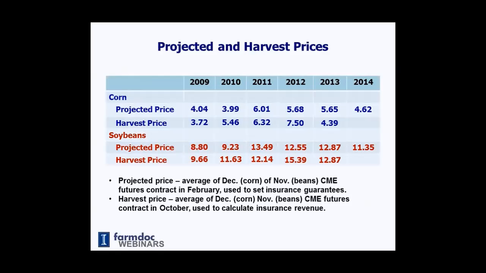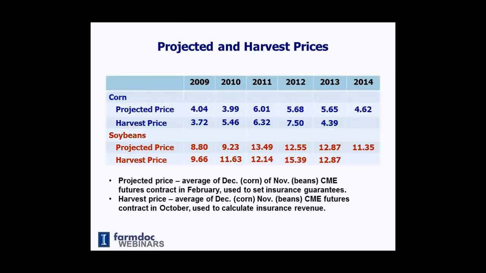Last time we had a lower price was in 2009 when we had a $3.99 projected price. So 4 years ago we had a similar price to what we're looking at in 2014. For soybeans, the projected price is going to be close to $11.35, plus or minus 2 cents either way.